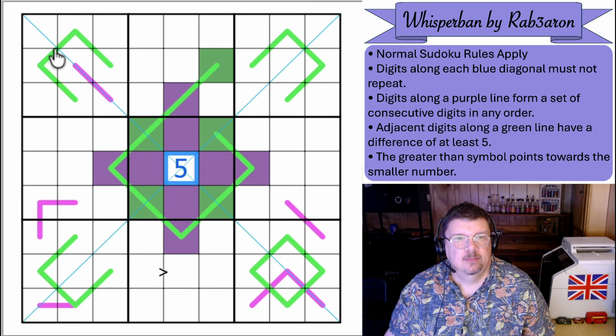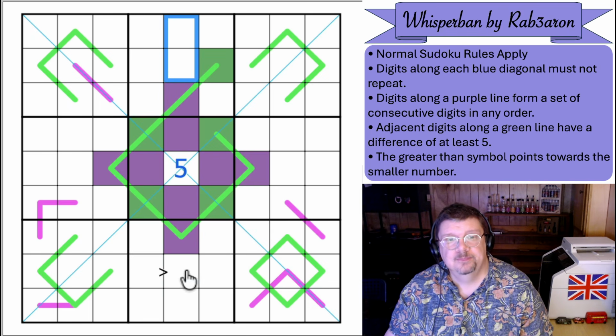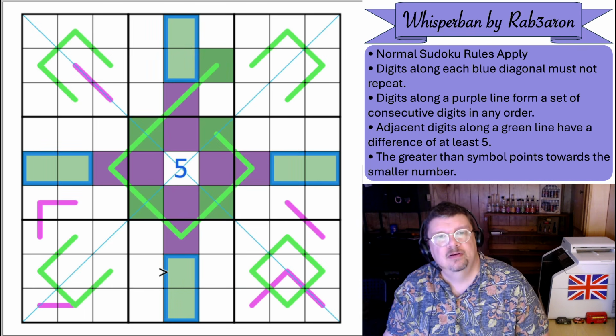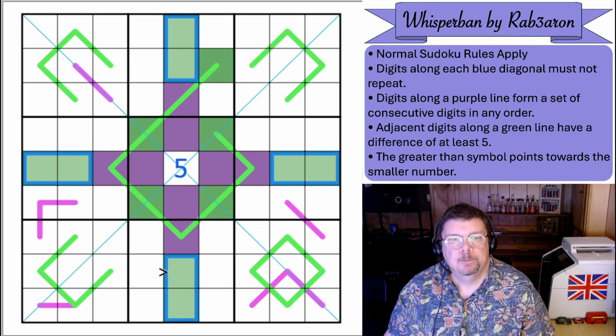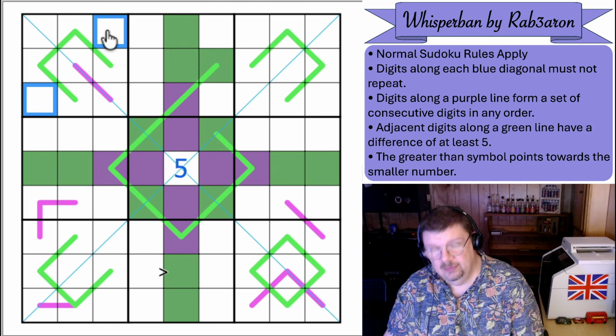Okay, well that gives us some work that we can do in the corners in a moment, but I've just spotted something that might be a little quicker. All of these have to be green because 4 purples and a 5 have already been used in their respective rows and columns. All right. Now, I can't place a 5 in any of those cells in this box. So one of those 2 is a 5.